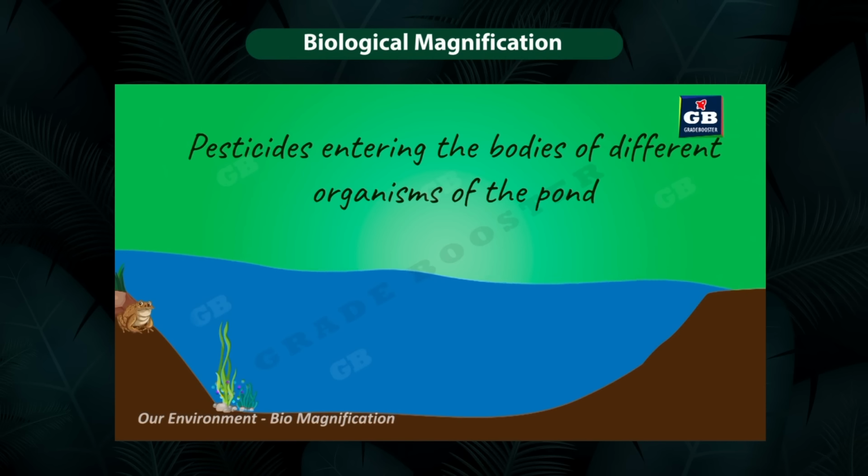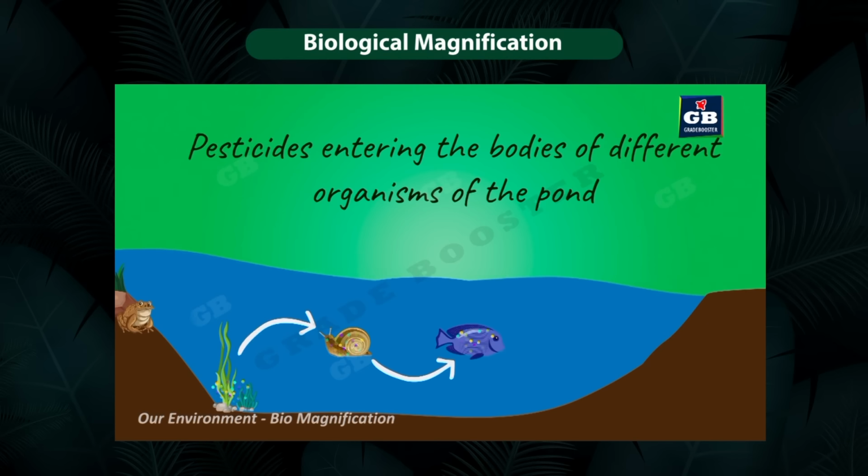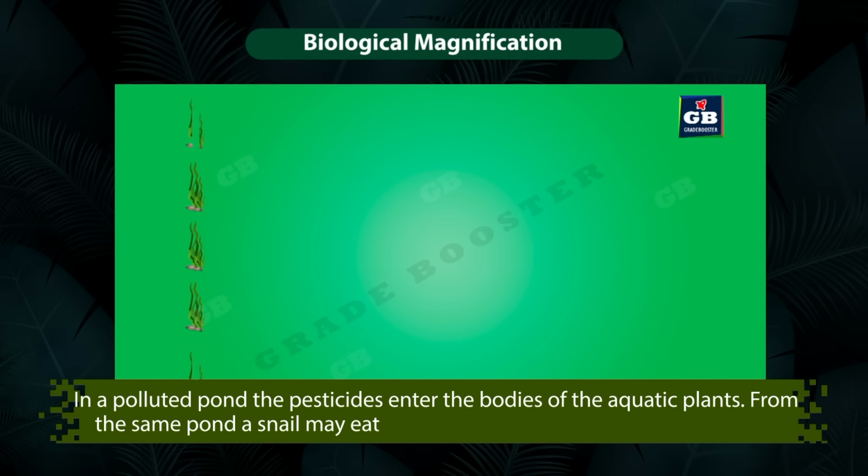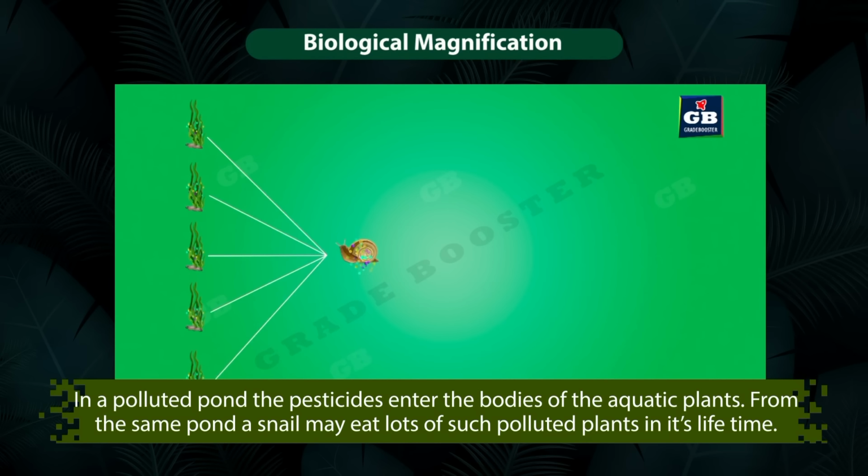If a pond is contaminated by pesticides and insecticides, these chemicals enter the bodies of aquatic plants and animals present in that pond. The amount of pesticide residue increases if we go up in a food chain. Let us see how it happens. In a polluted pond, the pesticides enter the bodies of the aquatic plants. From the same pond, a snail may eat lots of such polluted plants in its lifetime.